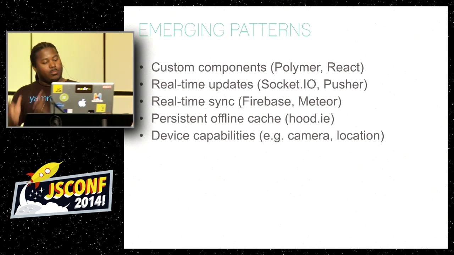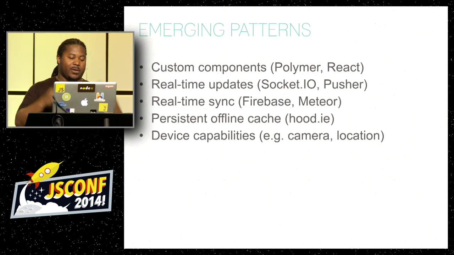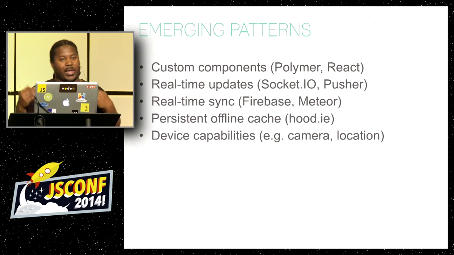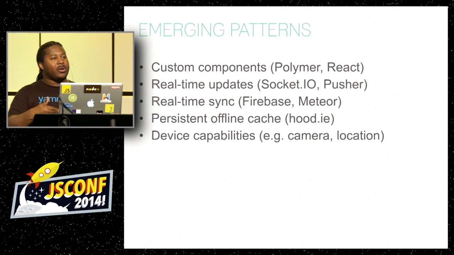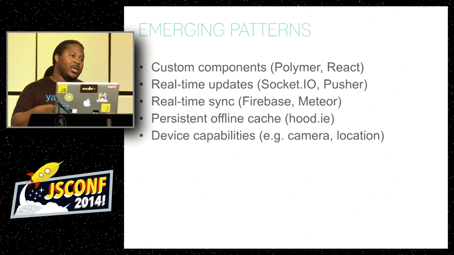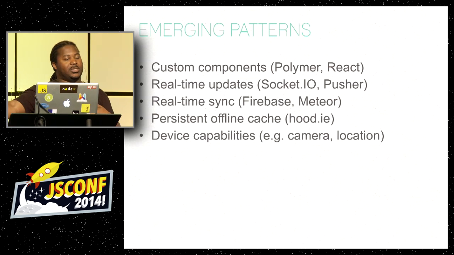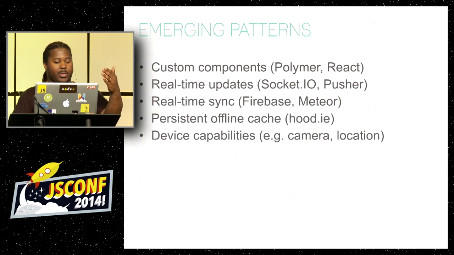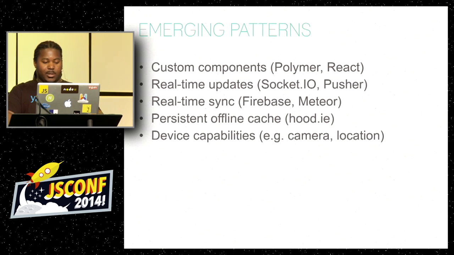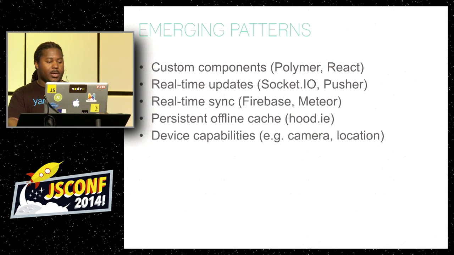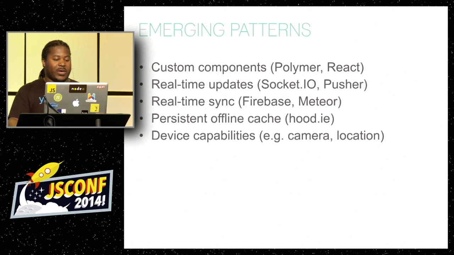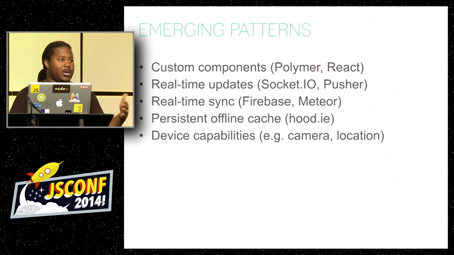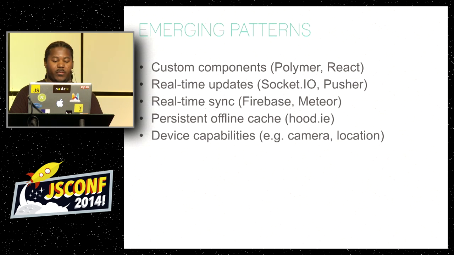Similarly related is going full-on offline cache, right? Where your model layer is persisted locally at all times, and then there's the syncing thing that pushes it to the server if and when it can. But offline access is a first-class citizen. Hoodie's leading the way with that. And then finally, device capabilities, because you want to access hardware capabilities on mobile devices like your camera or geolocation.